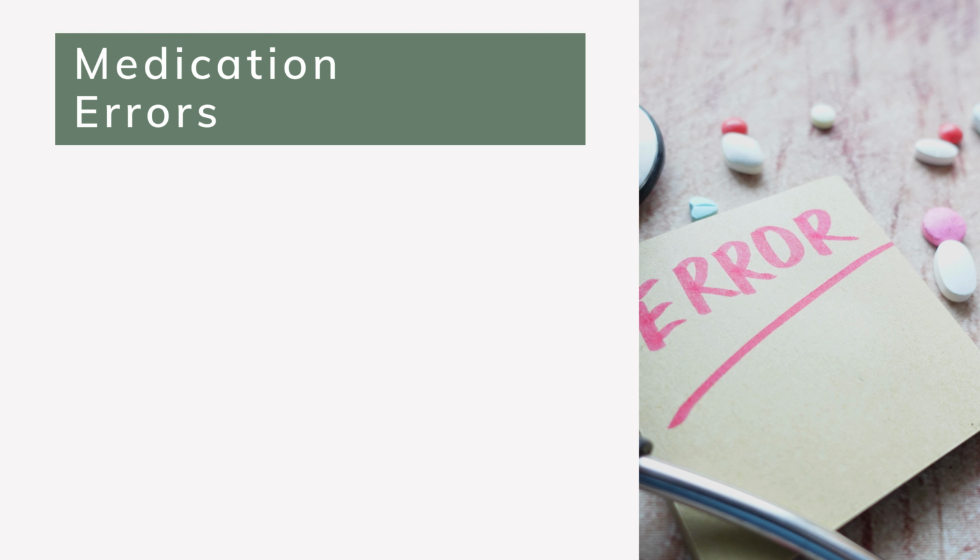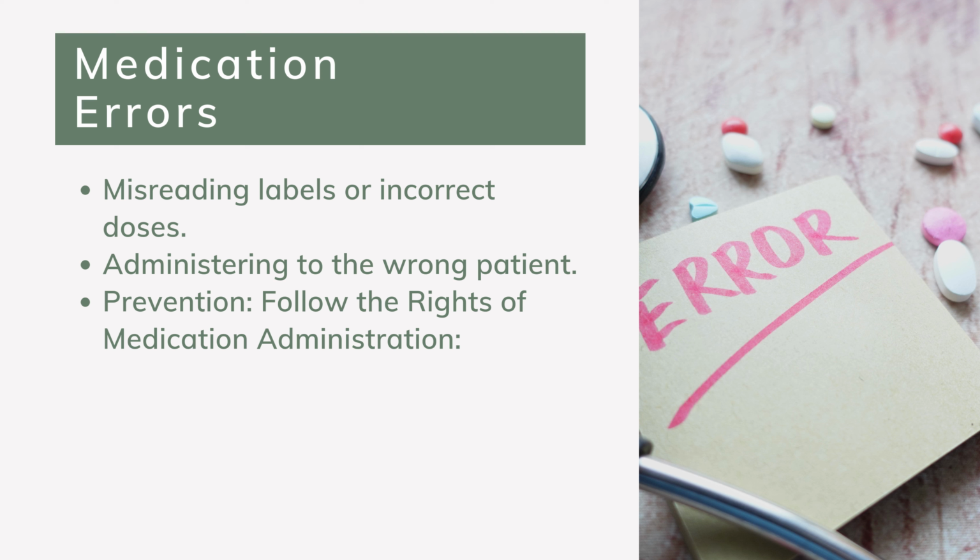One of the most common causes of liability in nursing is medication errors. These errors can occur at various stages, such as prescribing, dispensing, or administering. Common causes are misreading a label, incorrectly calculating a dose, or administering medication to the wrong patient.